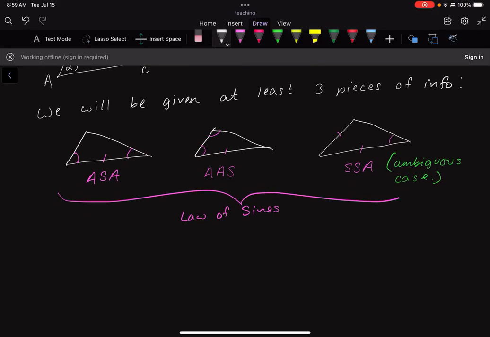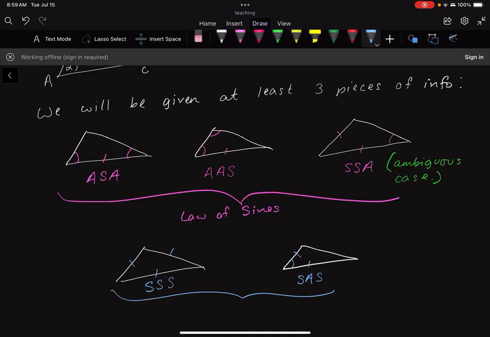Now, there are two other cases, and I'll bring them up for you. Your other two cases are side, side, side, or side, angle, side. These we'll talk about in 5.2 because we have to use what's called law of cosines for them.